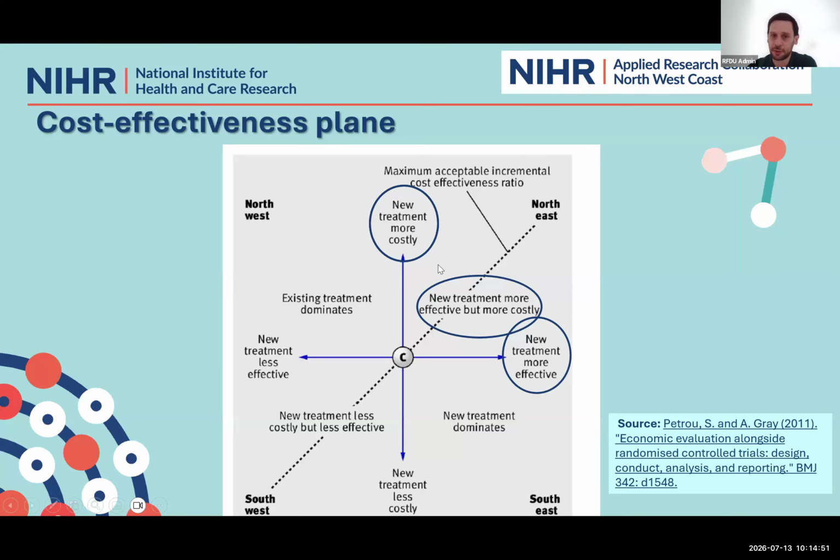So we are in this northeast quadrant, which is a bit of a gray, trade-off area, where we have to consider that there are higher costs, but higher effectiveness. How do we decide here? How do we interpret these cost effectiveness results? What kind of decisions can we make in this situation?